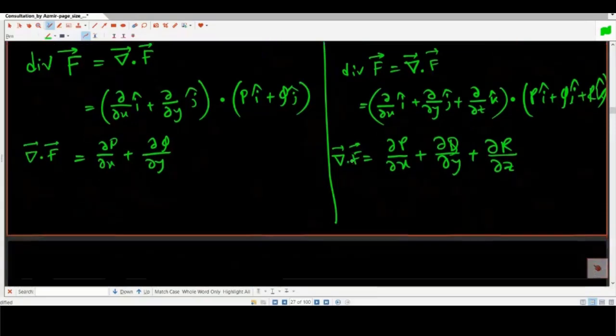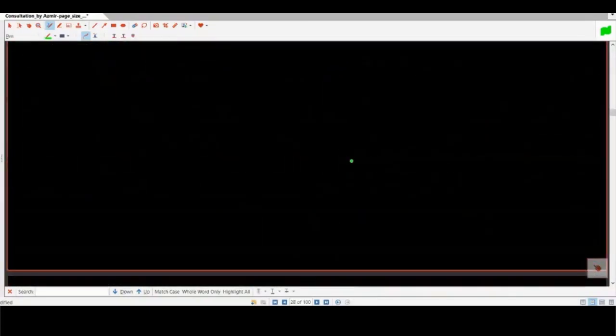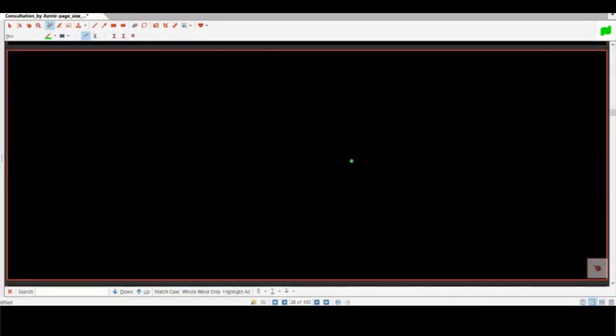So let's solve one problem. We have learned that if divergence of a field is equal to 0, then we can say that field or the fluid flow is incompressible.